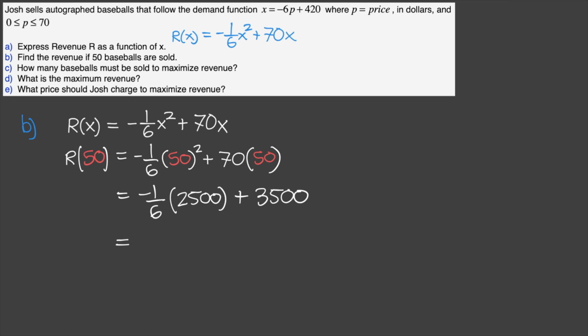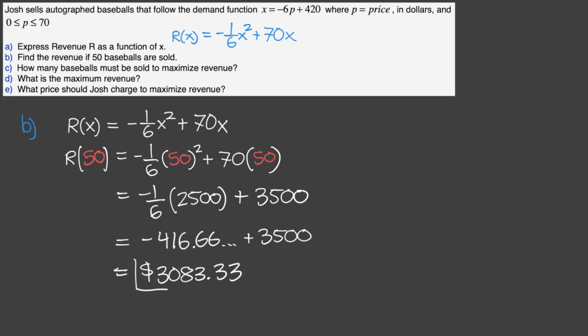So then we take 2,500 and divide it by negative 6, and we get negative 416.66, this goes forever, plus 3,500. Then we simplify that on our calculator, and we get $3,083, and then we round to 2 decimals, so 33 cents.